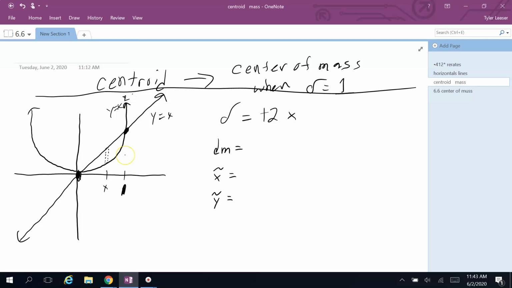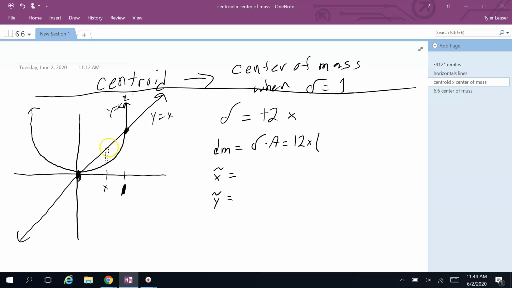Okay. Then the dm is just the density times the area of the slice. But now my density is not constant. Now my density is going to be the function 12x. My area is length times width of my slice, where the length is going to be the difference between the straight line and the parabola. Be careful of the order here.